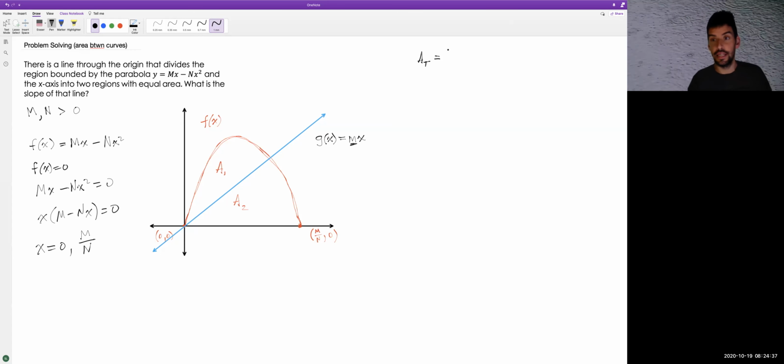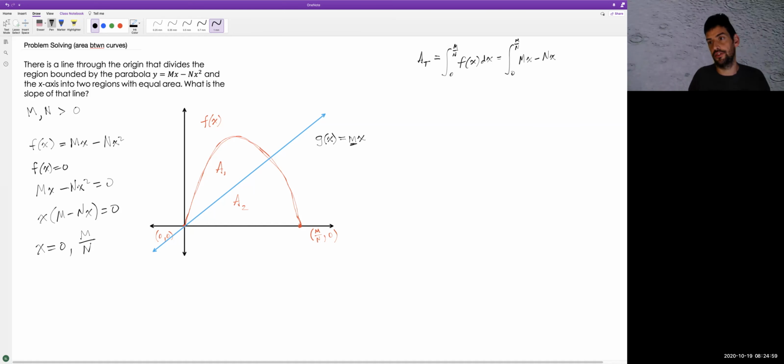So the area total, the area under this parabola, this whole region, is going to be the integral from 0 to m over n of f of x, which is, of course, the integral from 0 to m over n of mx minus nx squared dx.